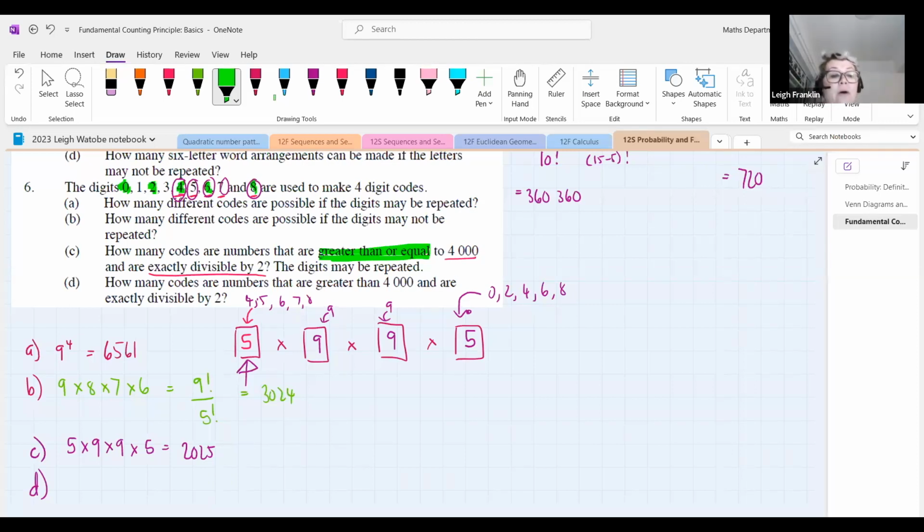So now, if you want codes that are greater than 4,000 and are exactly divisible by 2, you'd have to take 1 away. So you'd have to say 2025 minus 1. Why are you minusing 1? Because of the 4,000. You are excluding 4,000 now. So it would be 2024.